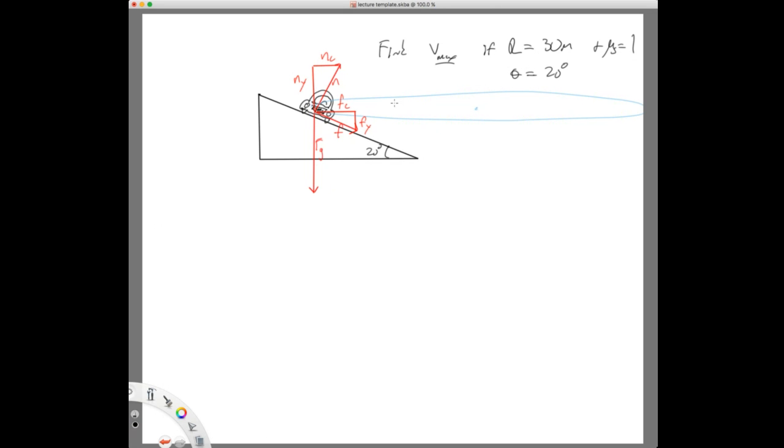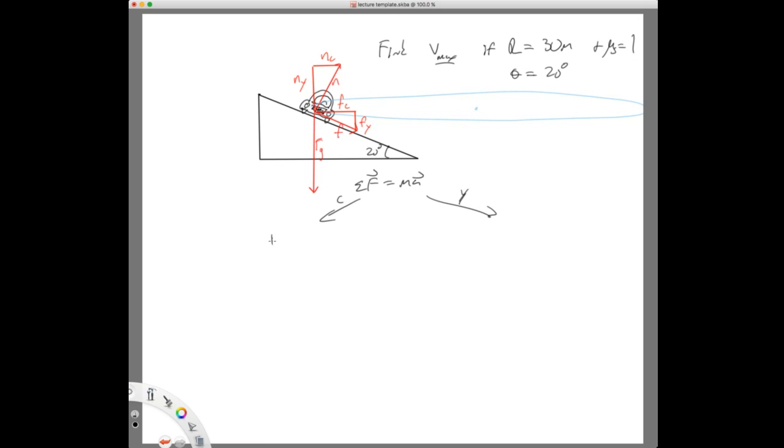We have only one point of contact, so we have only two forces, those forces being force of gravity and contact. And remember, friction plus normal counts as one force of contact. And now we're ready to write down Newton's second law. We have net force equals ma. We're going to have the centripetal components and the y components.